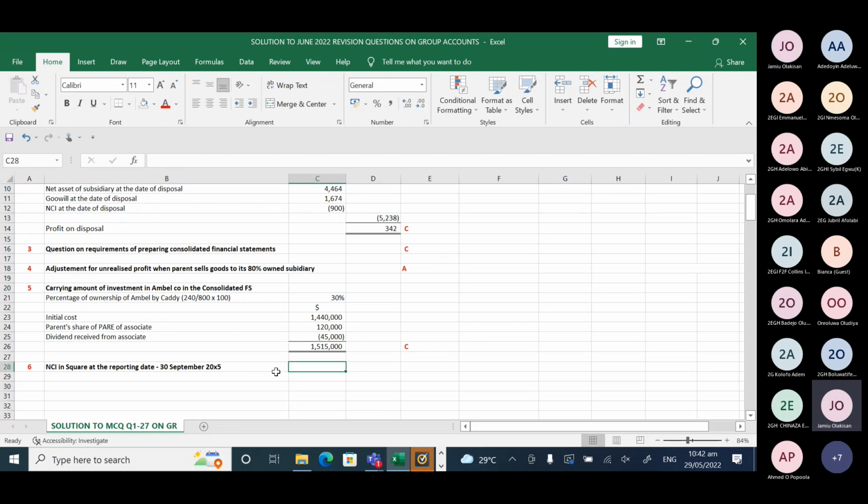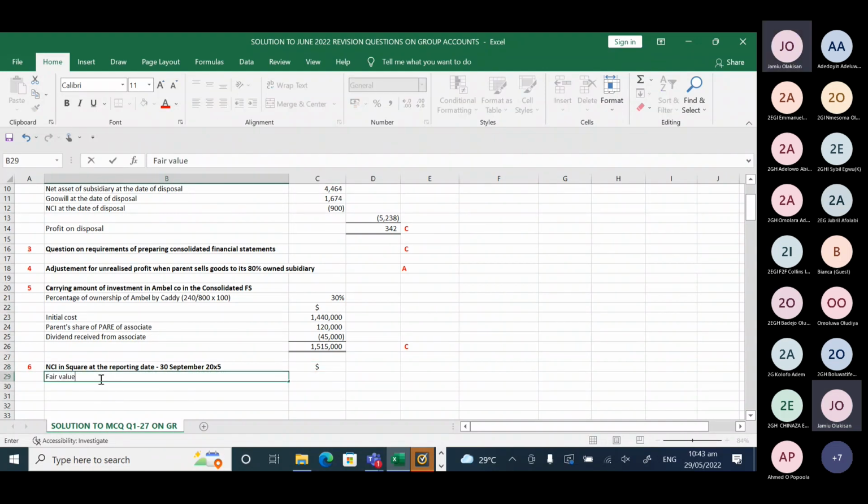And in doing that, we're going to start with the fair value of NCI at the date of acquisition.